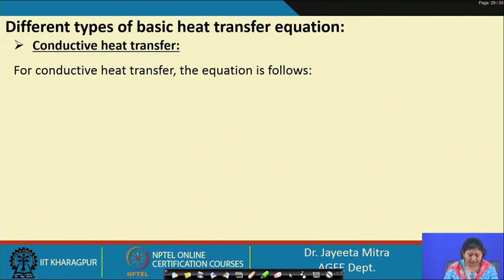So, if we consider conductive heat transfer, the equation will be Q equal to minus K A dT by dx.